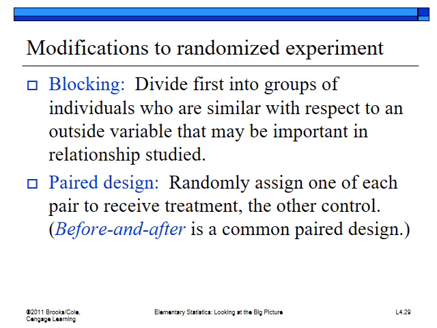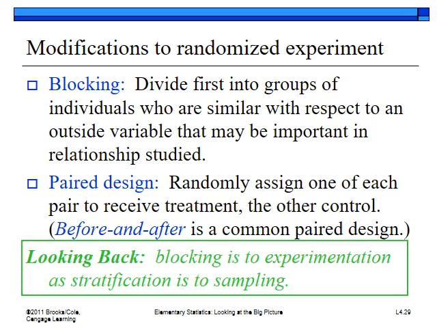That way the person is effectively in both the control group and the treatment group. That notion of blocking might sound familiar. Blocking is sort of the same process in an experiment as what we call stratification was when we were looking at sample design.